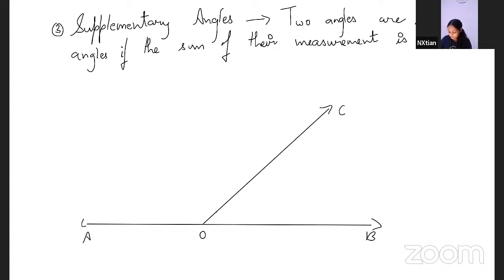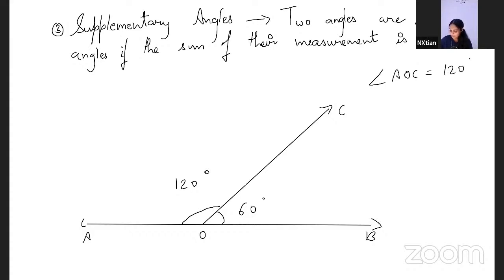This part is 60 degrees and this part is 120 degrees. Okay. So now if we add them, my angle AOC is how much? 120 degrees.